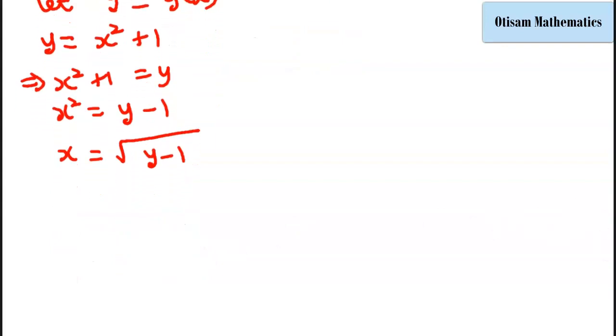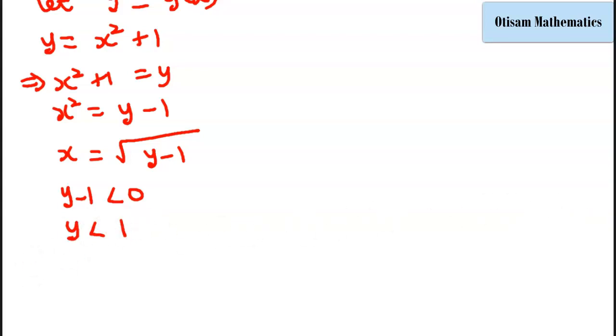So to find the range, now there is a function under the square root sign. When a function is under a square root, what makes it undefined? That is when the function is strictly less than 0. When you evaluate the function and the value is negative, then the function will not exist. At this level, remember, y minus 1 is less than 0, so y is less than 1.